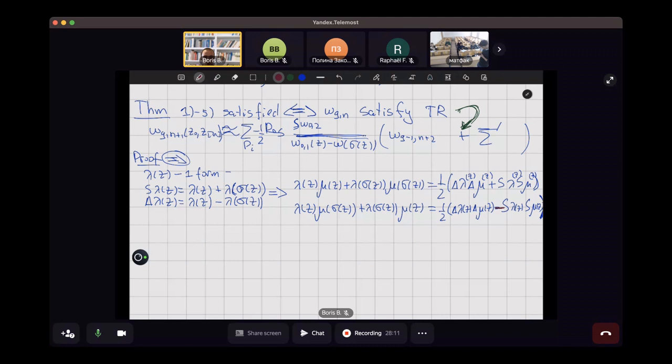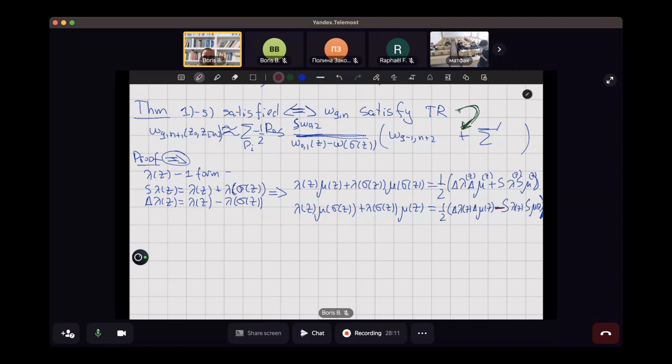Now, let me say what the plan is. I know by the projection property that this is equal to omega g,n of z1, etc., zn. I want to rewrite the right-hand side, and then use the linear loop equation and the quadratic loop equation.